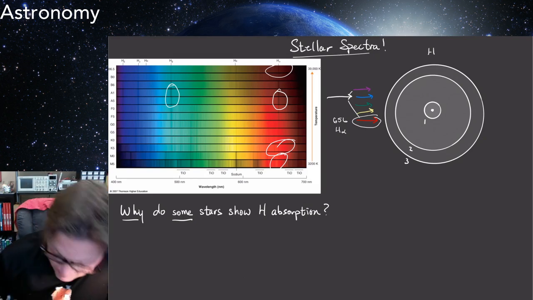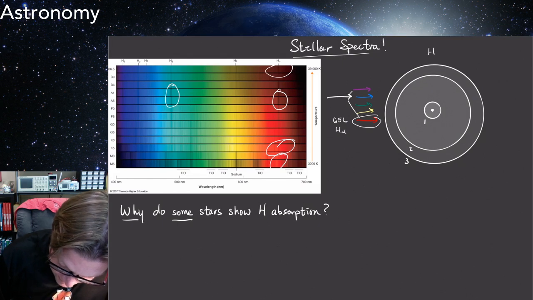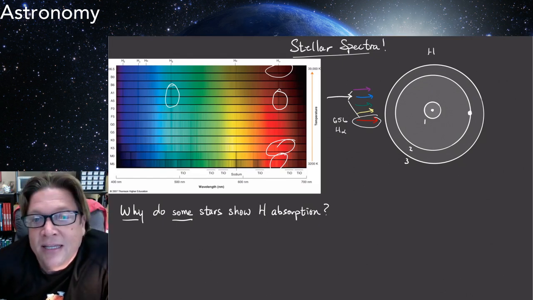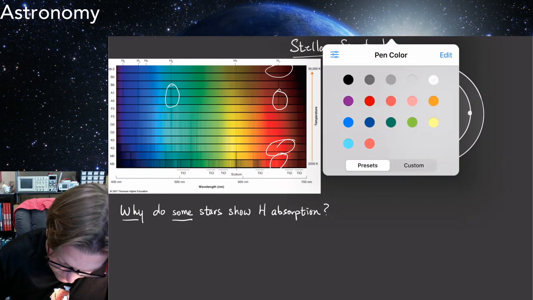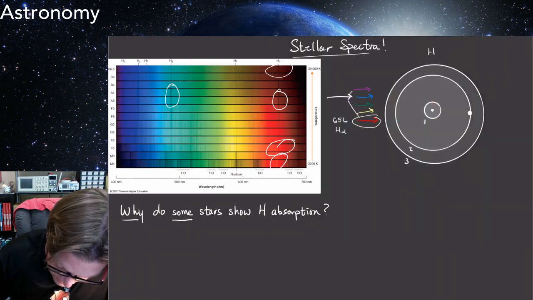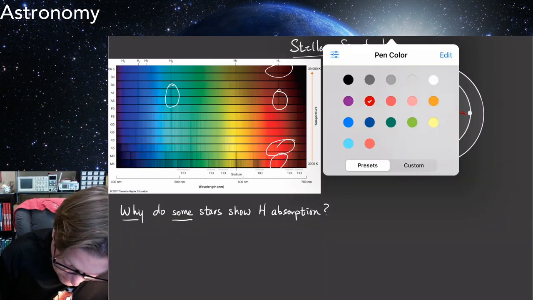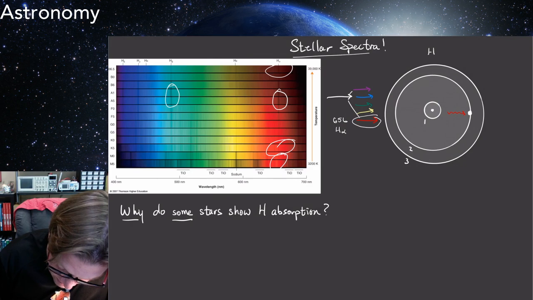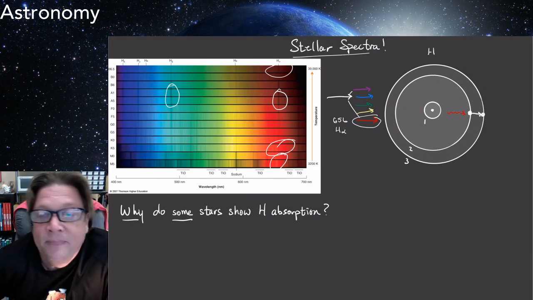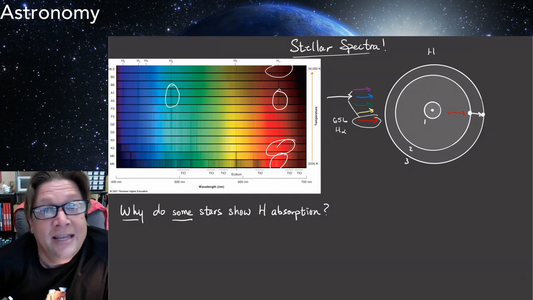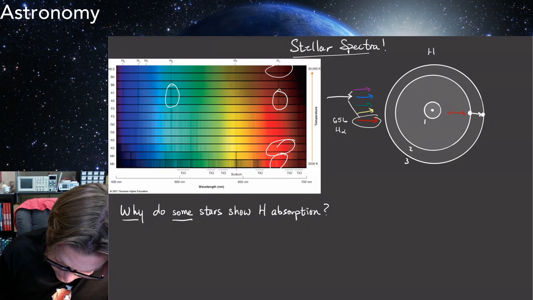So what happens if an electron just happens to be at level 2 and this red light comes and hits it, well, we know what happens. This is what we talked about last time. It will kick up to level 3. It will absorb that particular light, kick up to level 3. It'll hang out there for a little while and then fall back to level 2.